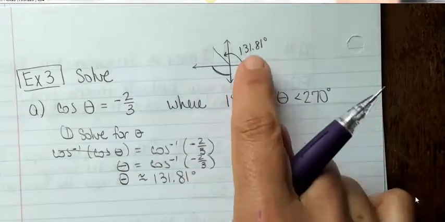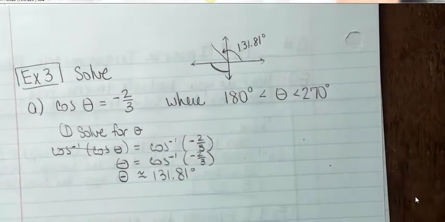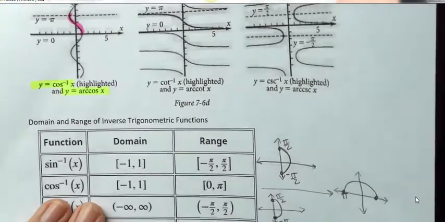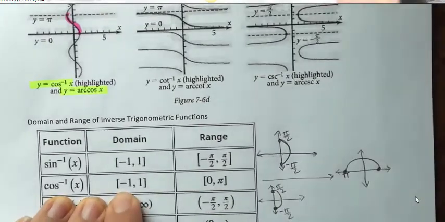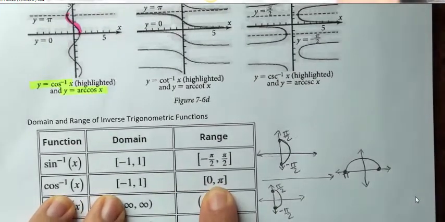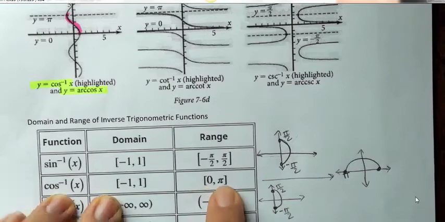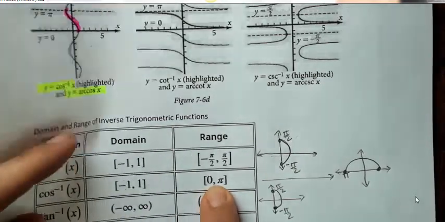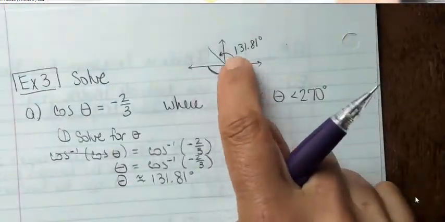The reason that it gave me that 131.81 degrees is because, if you remember, with cosine, as far as the range in that inverse function, I'm only allowed to go from 0 to pi. So any answer it's going to give me is going to be in either the first or the second quadrant.